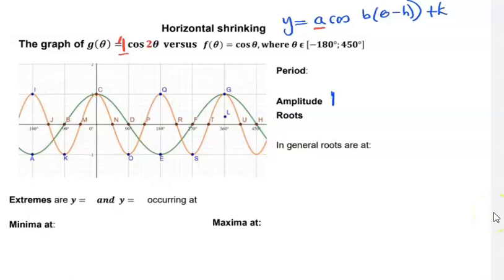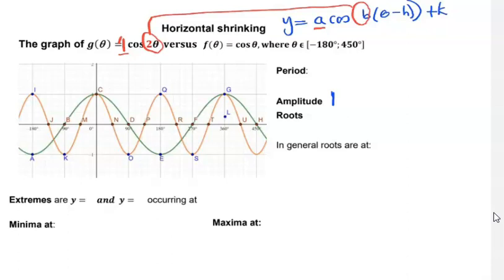But if I now go to my next unknown here, the b value, that coincides with the 2 here. So that means that this new graph, cos of 2 theta, goes faster, twice as fast as the original function through a period.